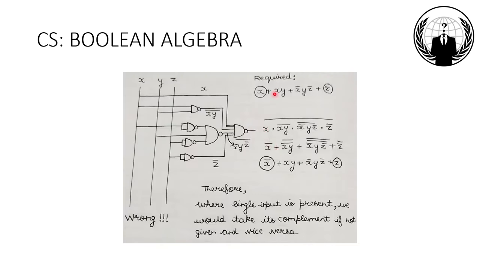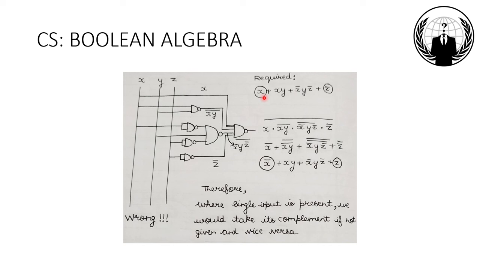Now in the second question, it says that we require x plus xy plus x'yz' plus z'. Using x, similarly we will directly transfer x, as there is no complement of it, so it will directly combine with the other terms. But if we do that, after applying De Morgan's law we will get the result as x', and here in this case z, whereas we require z' and x.